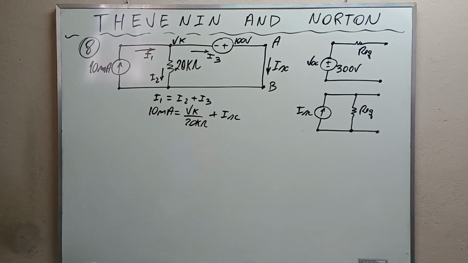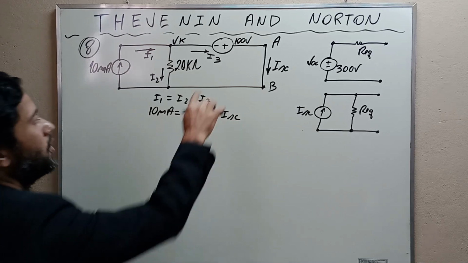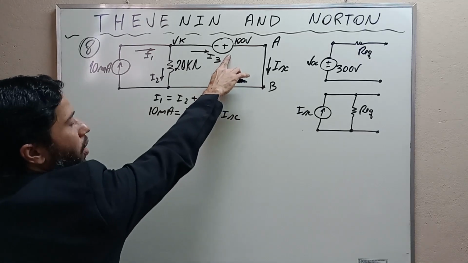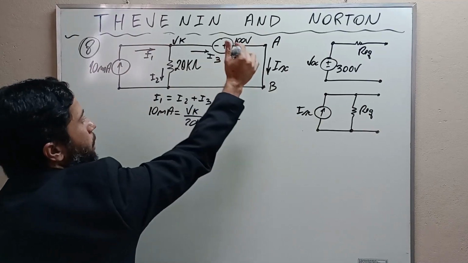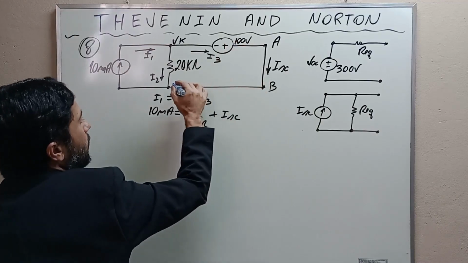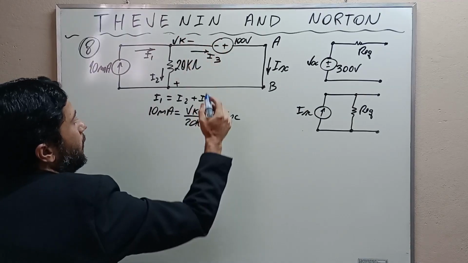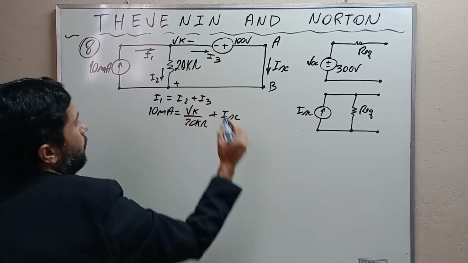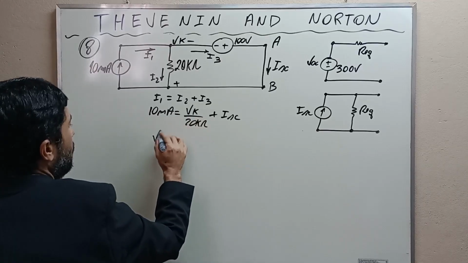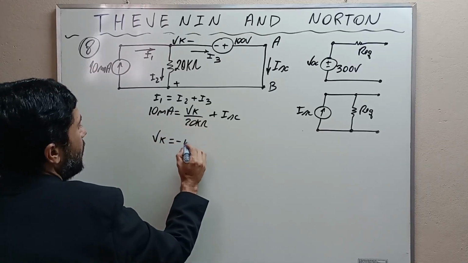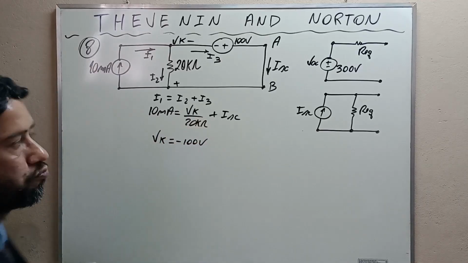But there is a trick here, there is a catch here. It is important to understand this. Observe that this positive terminal here will appear here, okay? And this negative terminal here will appear here. Then Vk is equal to negative 100 volts.